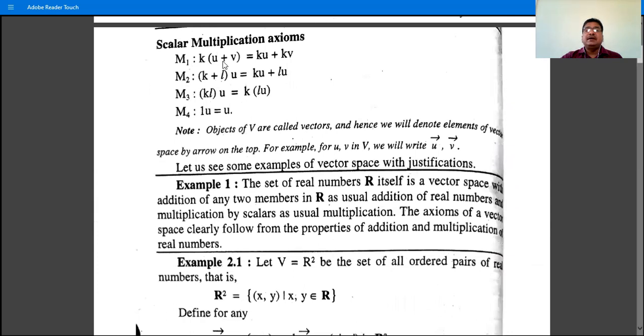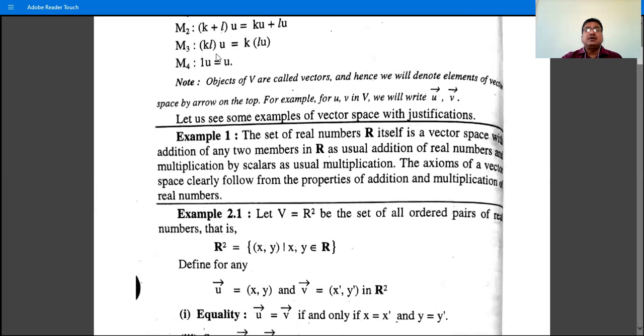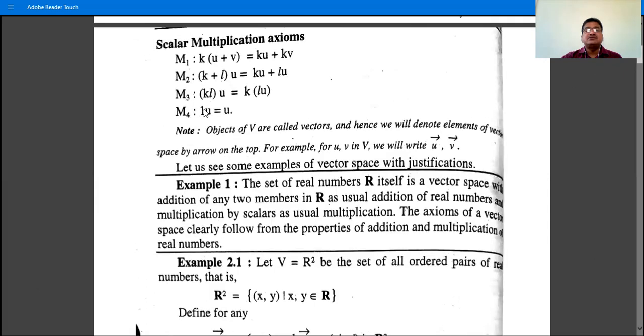And these properties are also satisfied because we know that multiplication is distributive over addition. k(u plus v) is what? ku plus kv. Multiplication is distributive over addition from the left side and the right side. Okay, this is the left distributive law, this is the right distributive law. Both are true. This is the associative property for multiplication. We know that the multiplication of three real numbers is associative.